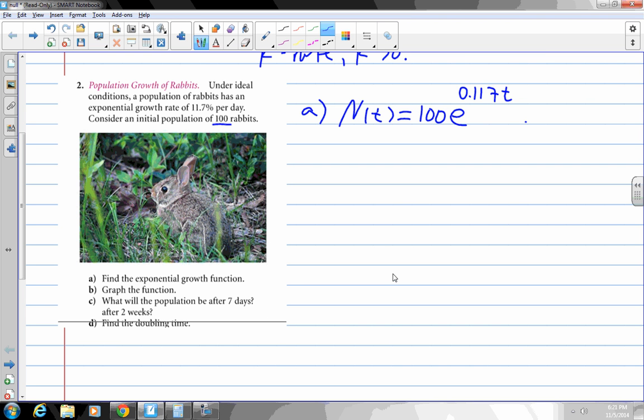So the next question is asking us, what will the population be after 7 days? They give us the value for t, so all I have to do is compute N of 7. I just have to plug it in the calculator, and it'll give me the answer straight up.